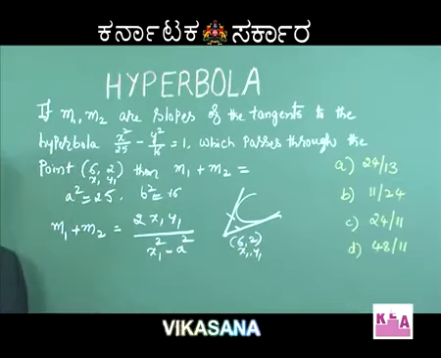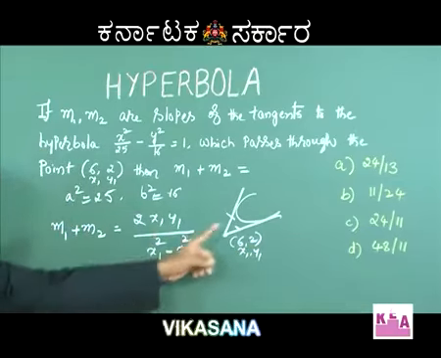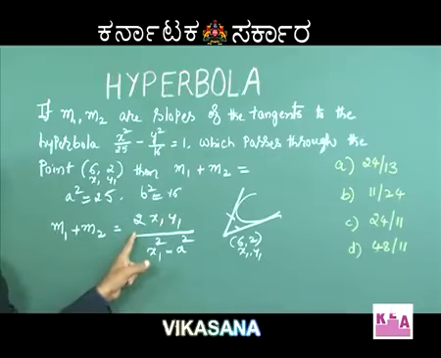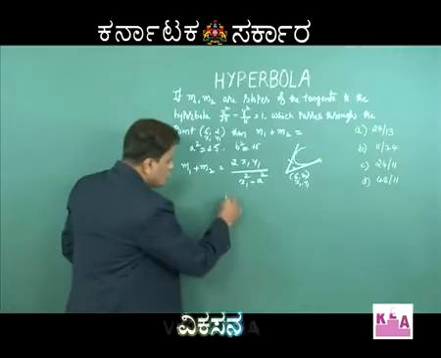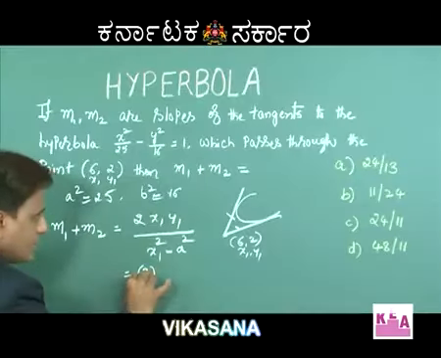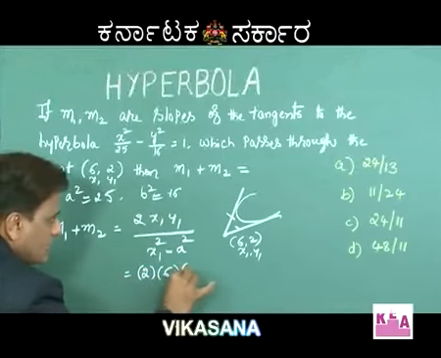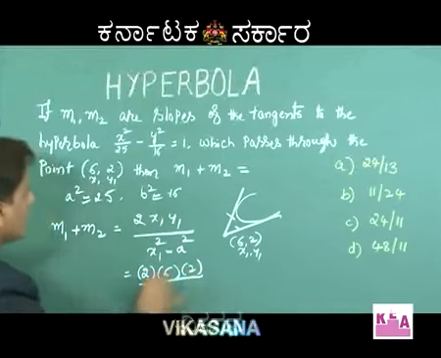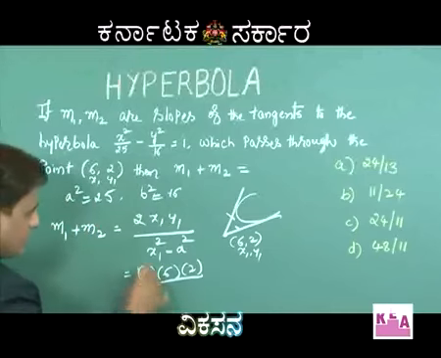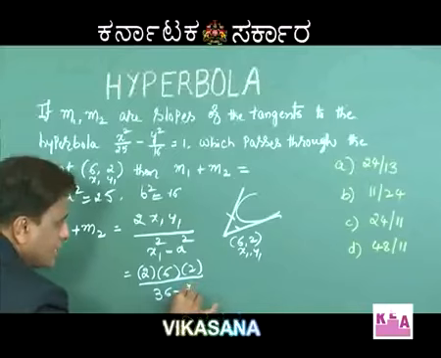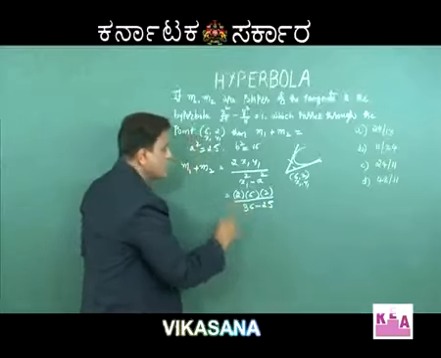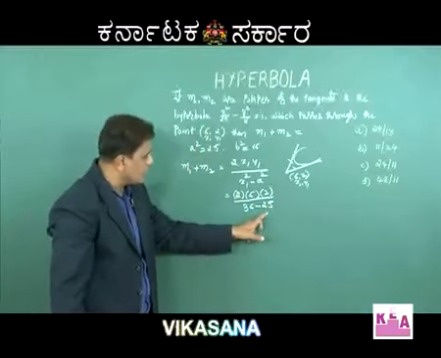Once again, the sum of the slopes is equal to the simple rule 2 times x1 comma y1 upon x1 square minus a square. 2 into, what is x1 here, 6, y1 is 2. What is x1 square? x1 square is 36, minus a square is 25, 36 minus 25, the denominator is 11.